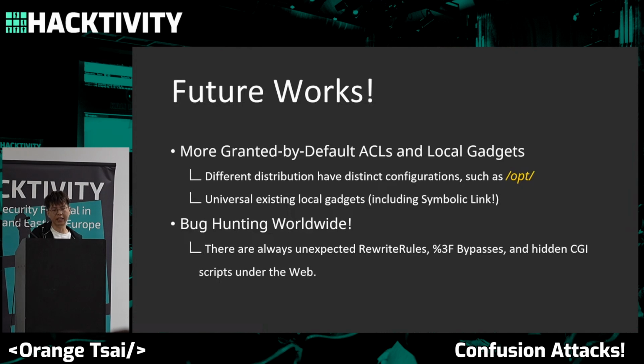Also, you can imagine that in the real world, there must be numerous rewrite rules to be figured out, access control to be bypassed, or hidden CGIs out there. So applying all the techniques we discussed today is now your mission.